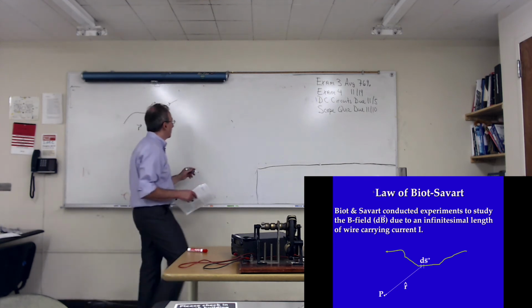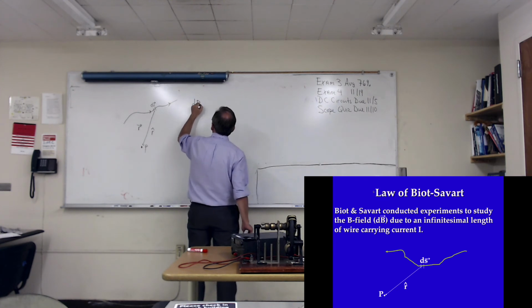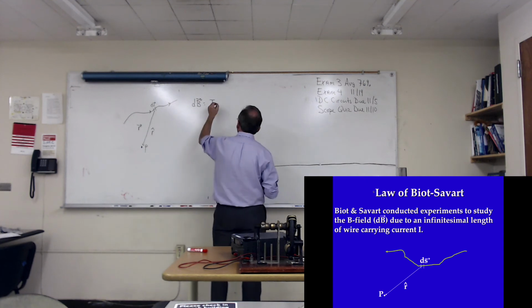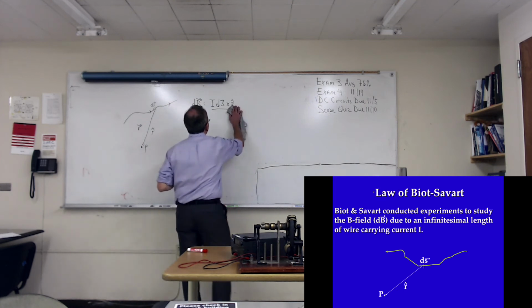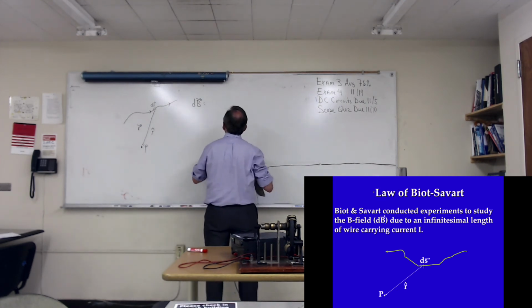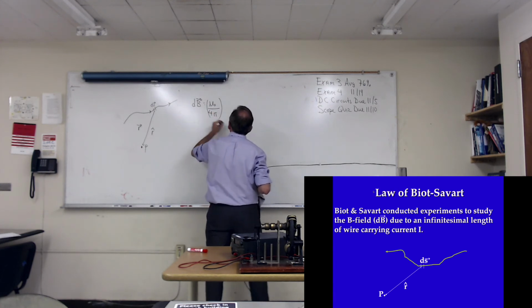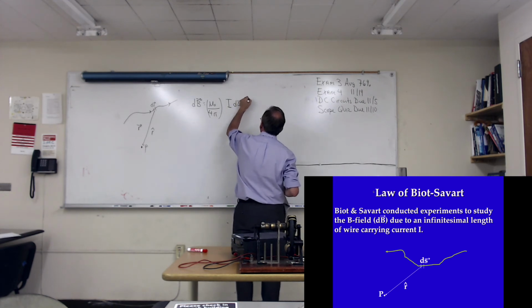The expression you get for the field due to this little piece is mu naught over 4 pi, times I ds cross r hat over r squared. I forgot a couple of constants, so let me rewrite that.